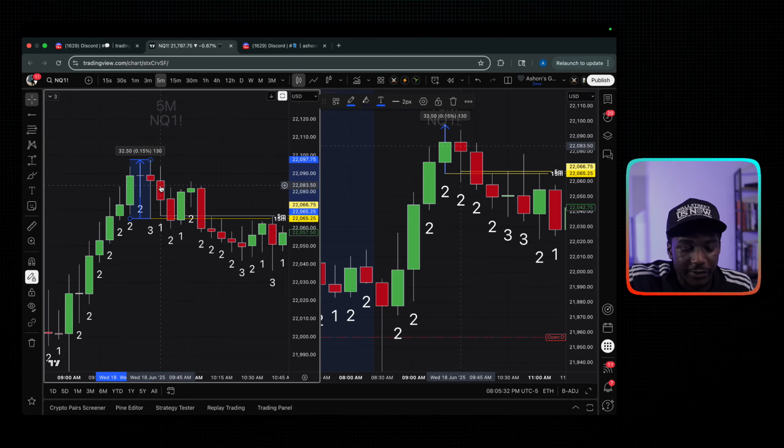So when it flips on the 5-minute, that means that new participants can now get in on the 15-minute time frame. Previously, participants at 8:45 were bullish. At 9 o'clock, they were bullish. At 9:15, they were bullish. At 9:30, they were bullish. At 9:45, they started to be bearish.